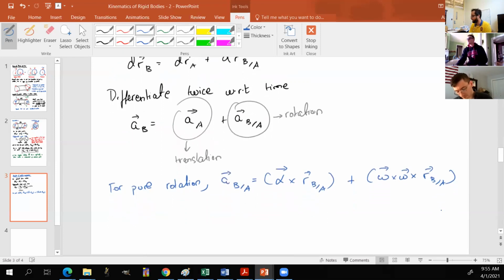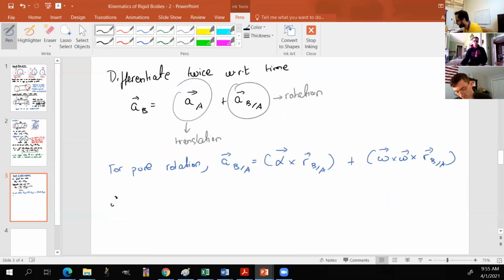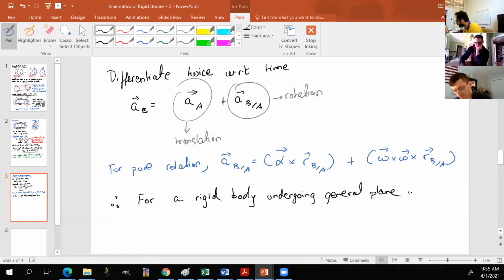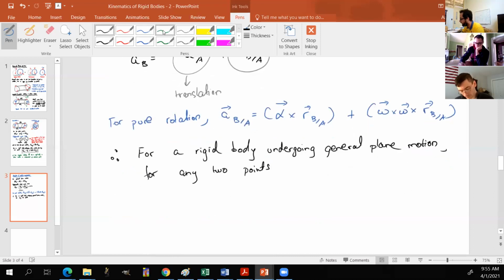So plugging and chugging, for a rigid body undergoing general plane motion, again for any 2 points, we get the expression that the acceleration of point B is equal to the absolute acceleration of point A plus the 2 terms that come due to the relative acceleration, which is the rotation.